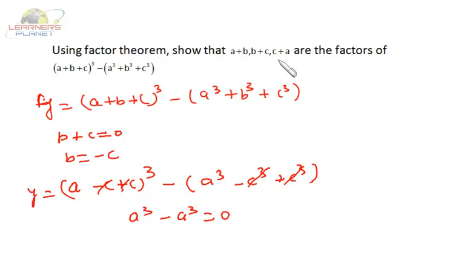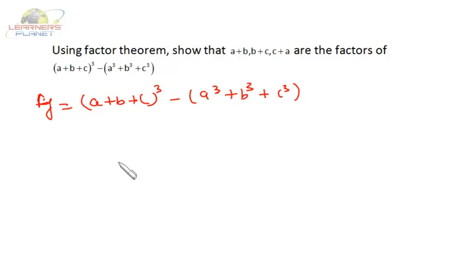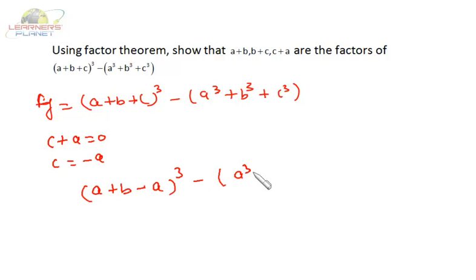Now proceed the same way for c plus a. Now c plus a is equal to 0. That means c is equal to minus a. So if we put c is equal to minus a in this expression, let's see what we get. It's a plus b minus a cube minus a cube plus b cube, and instead of c I am putting minus a, so minus a whole cube will be minus a cube.